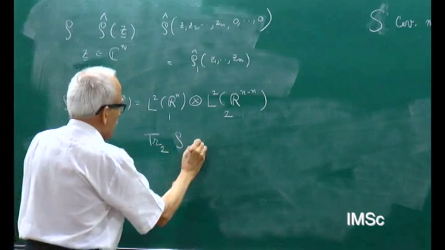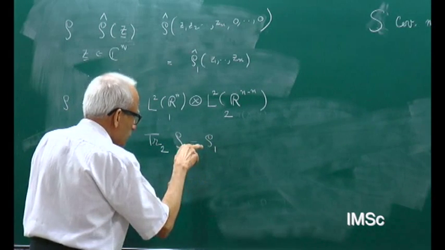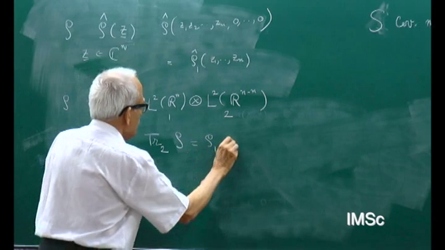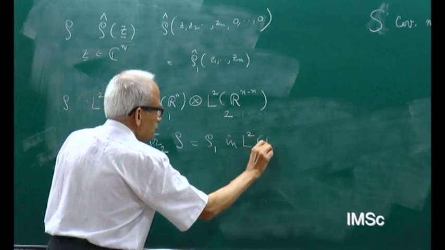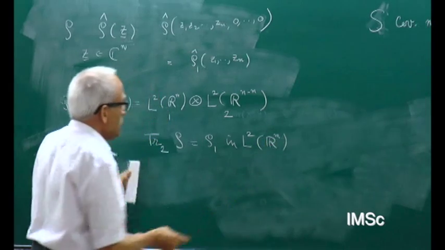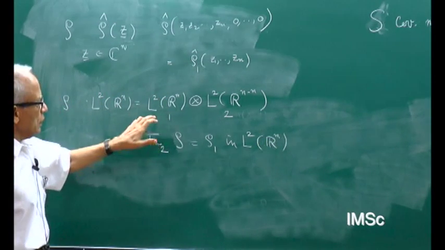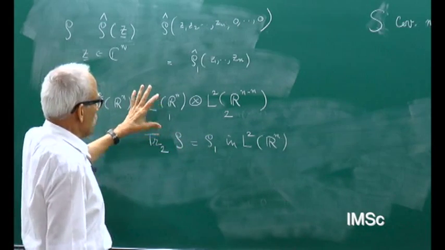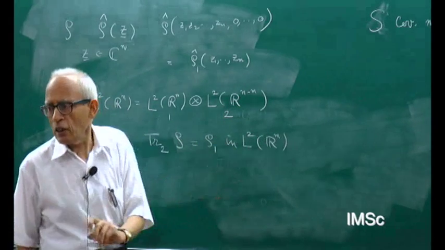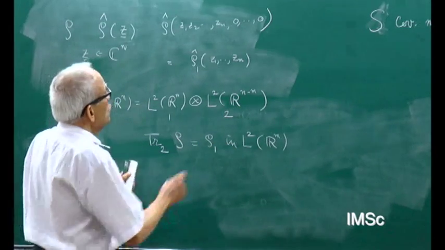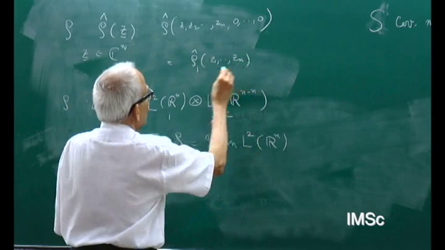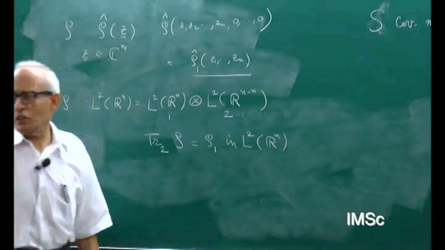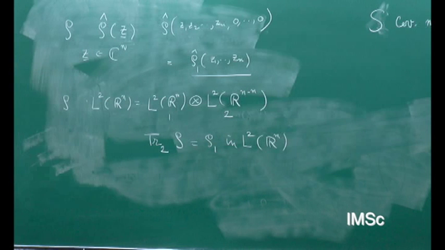That gives you a state rho 1 in L2 of Rm. This is the marginal, the first marginal of rho, and similarly if you take out trace 1, you will get the second marginal on the other. So if I put 0, 0, 0 here, then this is rho 1 hat of Z1 etc. Zm. So that is the definition of marginal state.